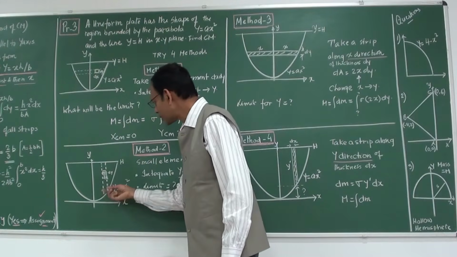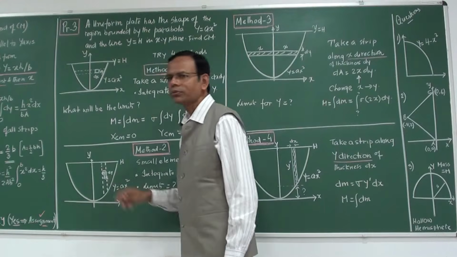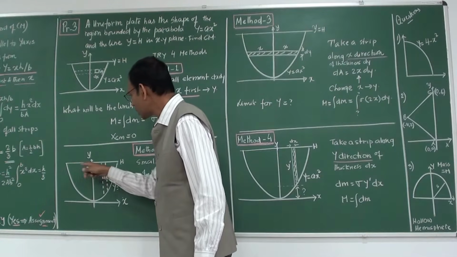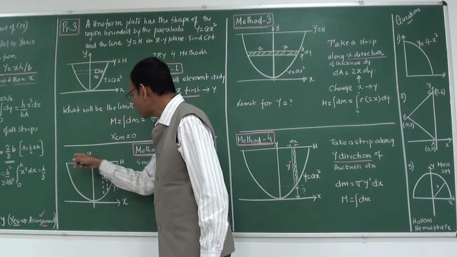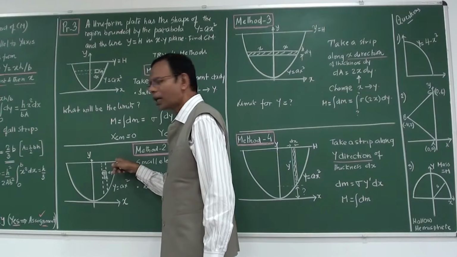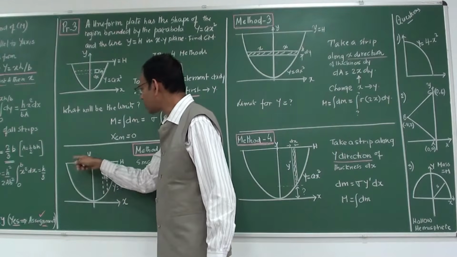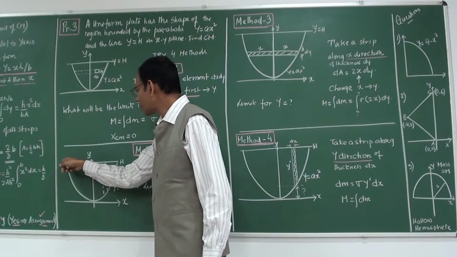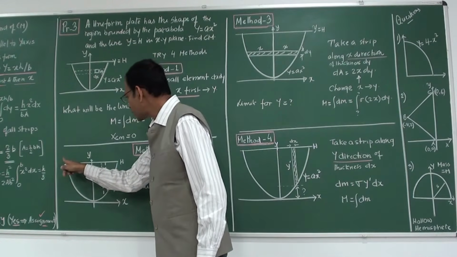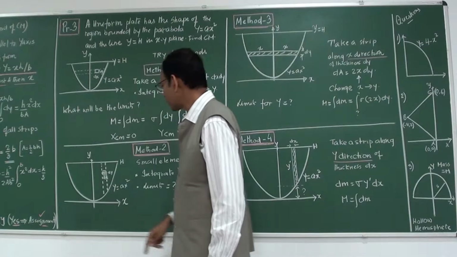Once you take this limit, then you have to take the limits of x. Now limits of x, as you see, it is changing, so you have to take the maximum lower limit and maximum upper limit, because it is a smooth curve. So from this point to this point. What is the point over here?